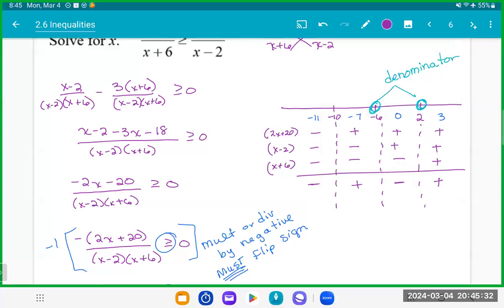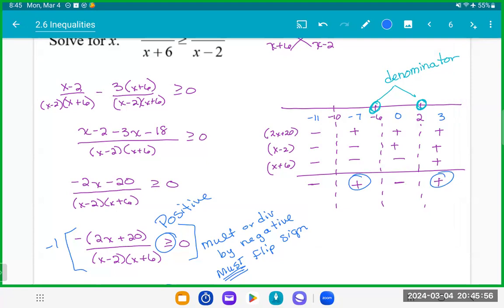So that, excuse me, gives us, we're looking for the value where it is greater than. So we're looking at a value of positive. Okay, so we're positive here and here.